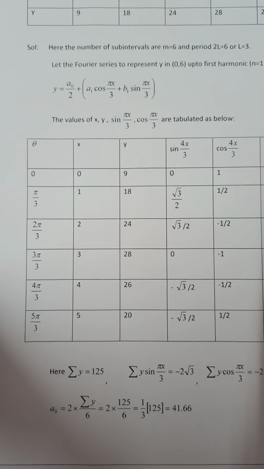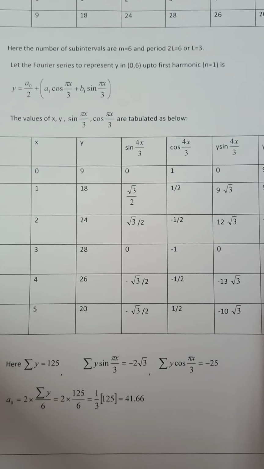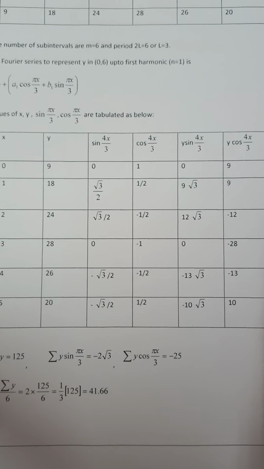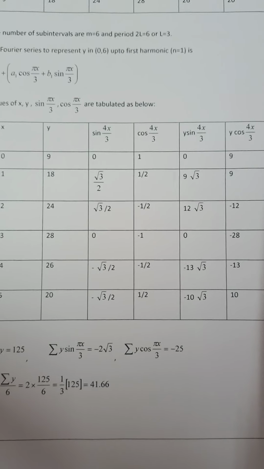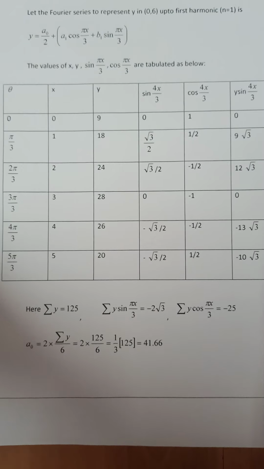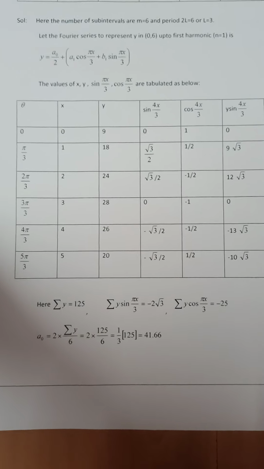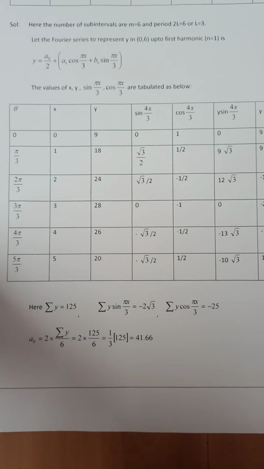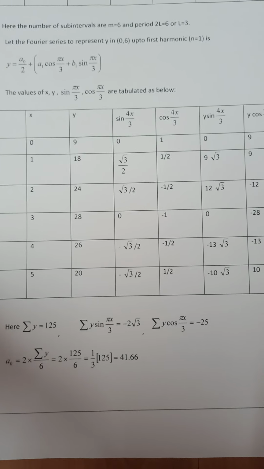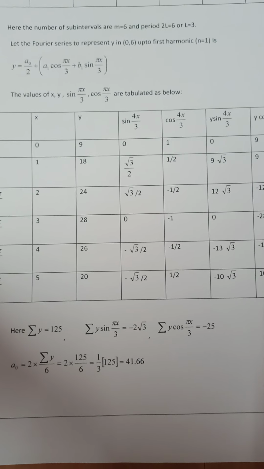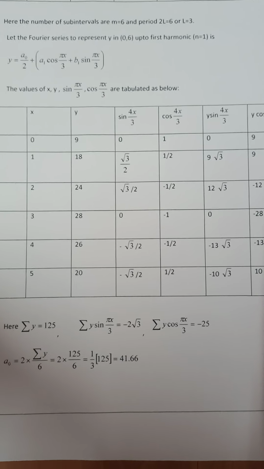Form separate columns for sin(pi x/3) and cos(pi x/3), and then form the columns for y sin(pi x/3) and y cos(pi x/3). Just do these calculations and add all the values to get the summations. The summation of y is 125, the summation of y sin(pi x/3) is minus 2 root 3, and the summation of y cos(pi x/3) is minus 25.